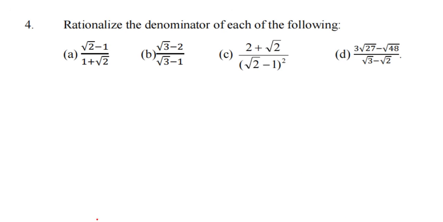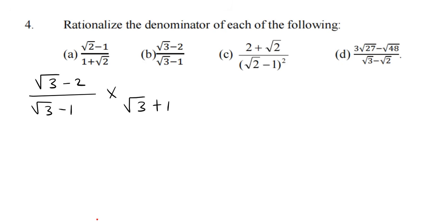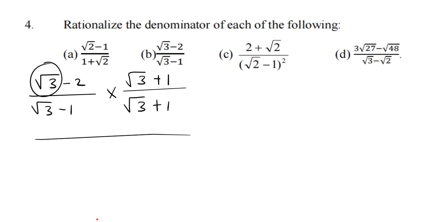So now we're going to go for B. We've got root 3 minus 2 over root 3 minus 1. So we're going to multiply by the conjugate, which is root 3 plus 1, on both. When I come to the numerator, I'm just going to have root 3 multiplied by root 3, that will just give us 3.